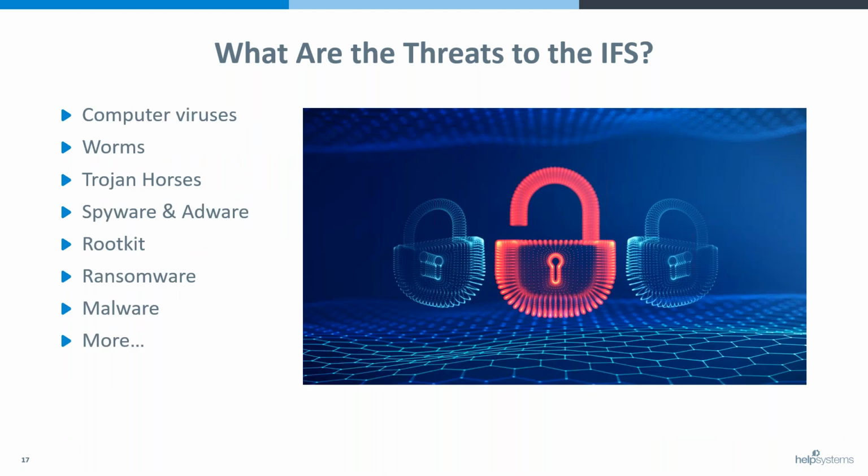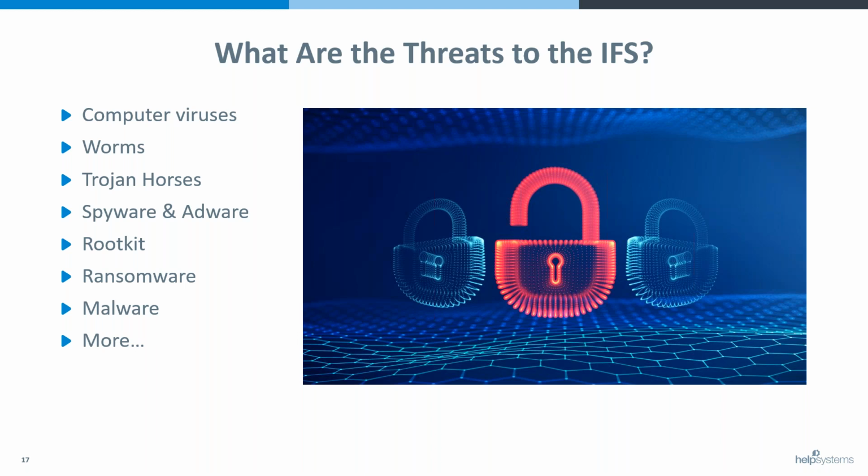Now, threats to the IFS. The other threats besides your employees and the lack of security are, of course, unfortunately, malware. When I talk about malware, I'm talking about all of it. Malware boils down to malicious software, something that's doing something on a server, on a system, with malicious intent. So viruses, worms, Trojan horse programs, ransomware, those are all malware.